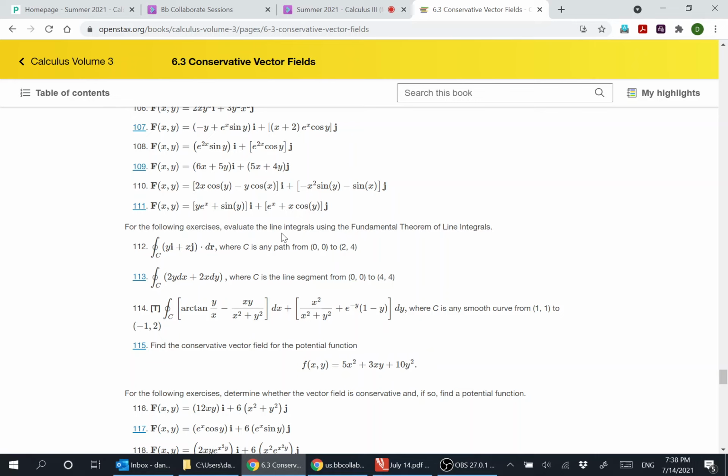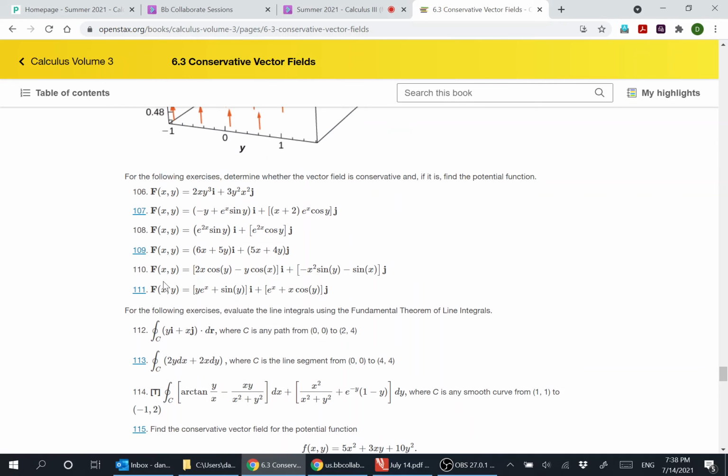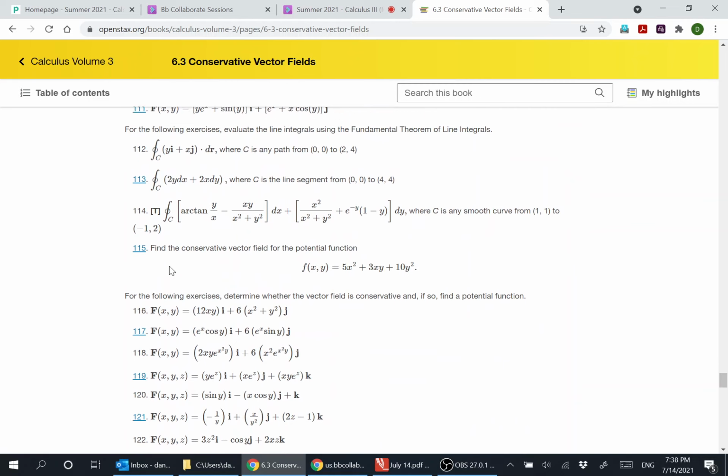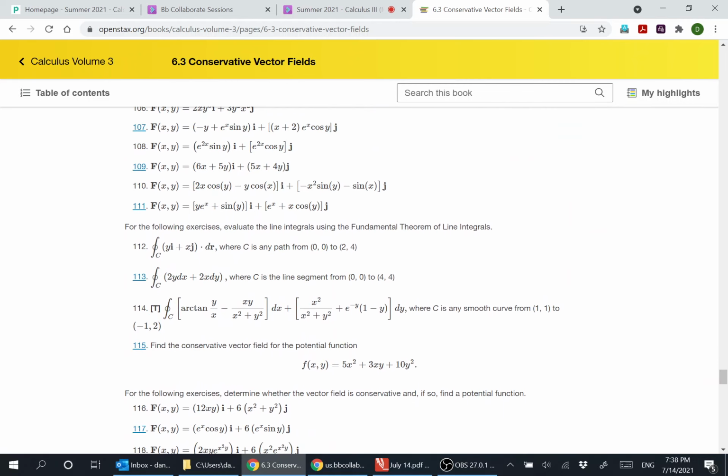For the following exercises, evaluate the line integral using the fundamental theorem of line integrals. Sometimes they put this little circle on the integral symbol, and it's just decoration as far as I know. Maybe it means conservative or something like that, but I don't think it means anything. So 113, 2y dx plus 2x dy.